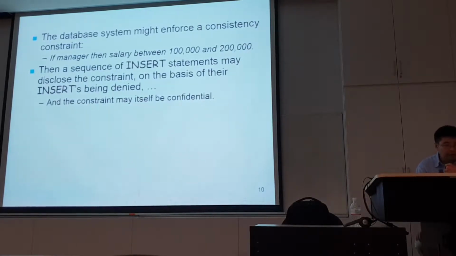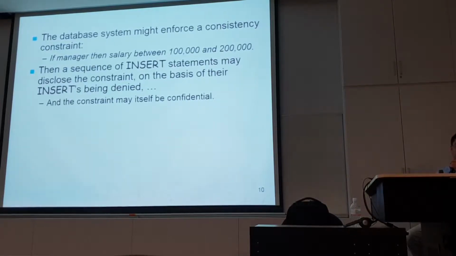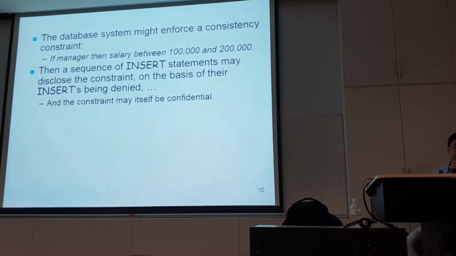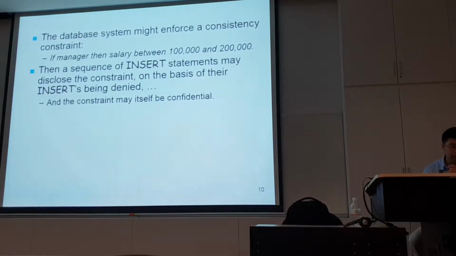Also, the database may have some constraints. Here is one example: the salary of a manager must be within this range, or for a particular job, the age must be within a certain range. So there can be constraints determined by the database. In this case, you can use insert statements to identify what the constraint is.